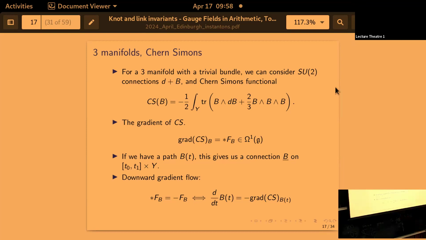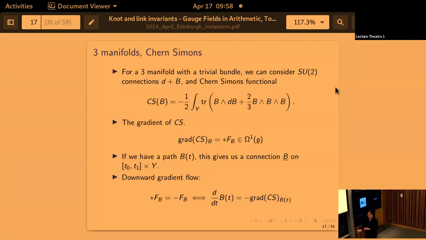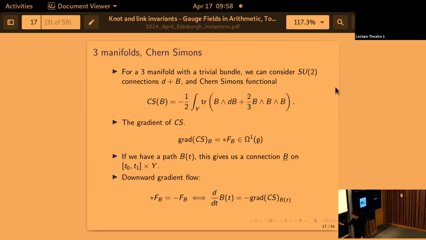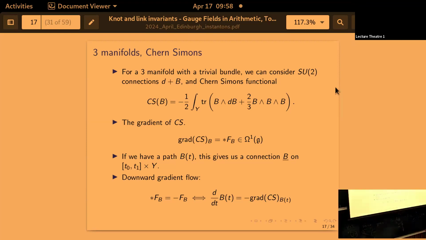Usually the way Morse homology works is you have some nice finite-dimensional manifold, and you consider some function from this manifold, which I'll call B, to R. Then you look at the critical points, and you consider gradient flow lines, and you take a complex generated by the critical points where the differentials count the gradient flow lines.